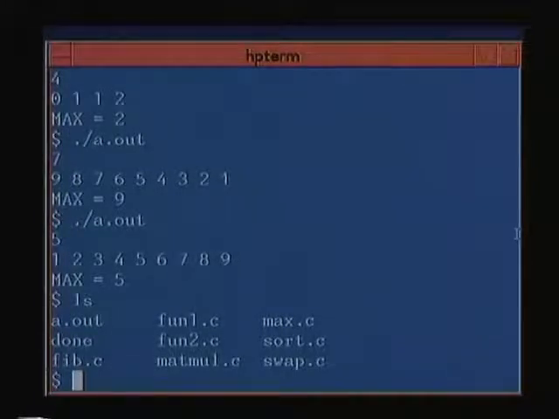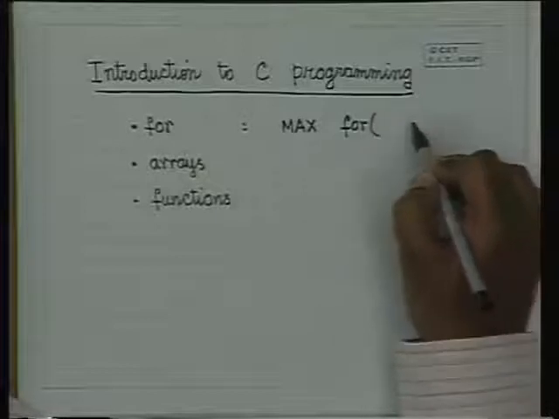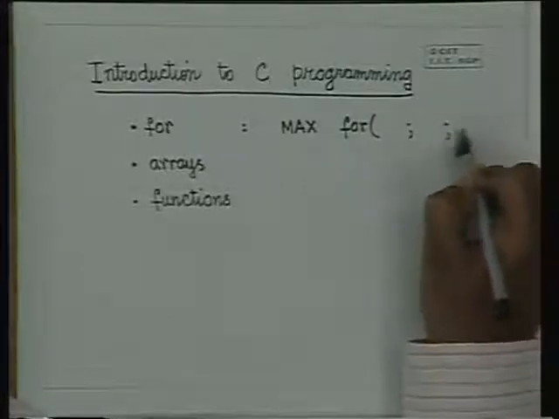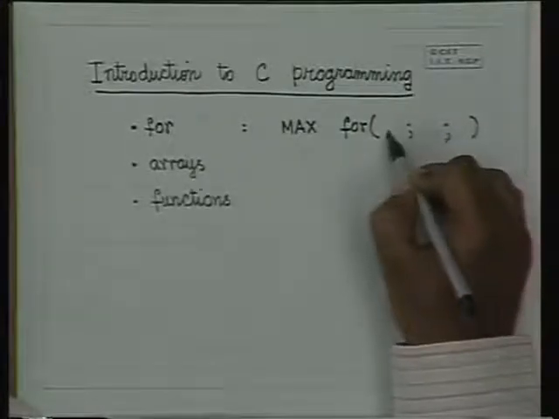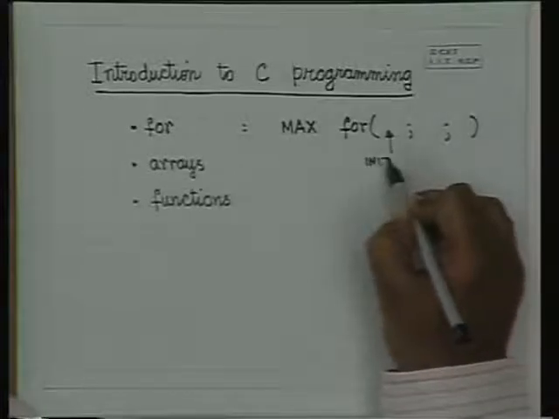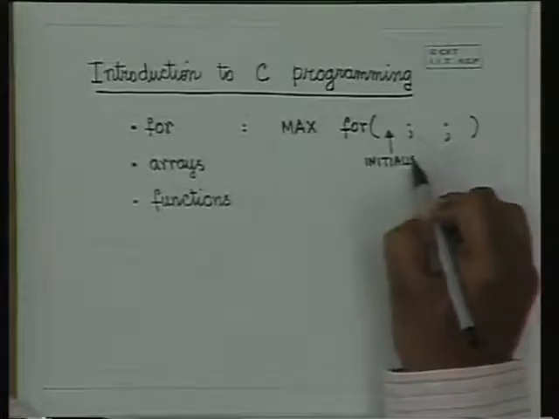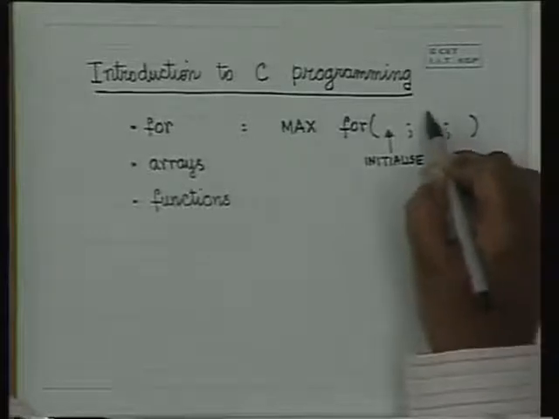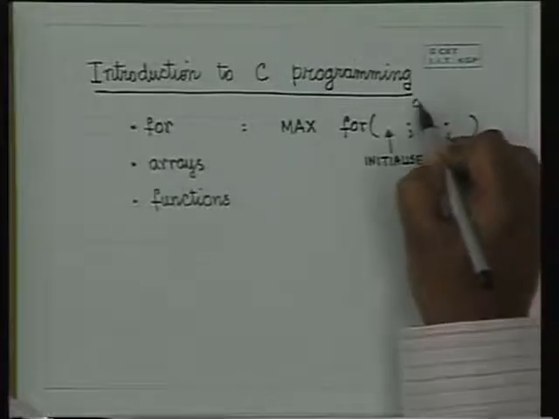So here we have seen how to use the for loop, and we have seen that the for loop consists of 3 parts separated by semicolons. This is the initialization, this is the condition.